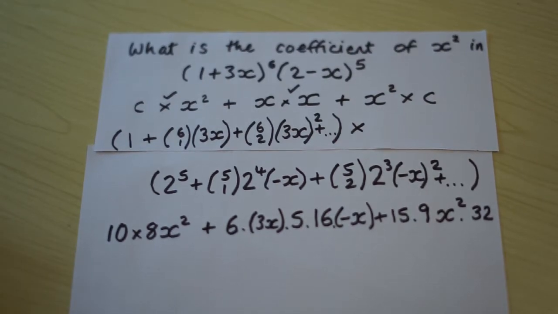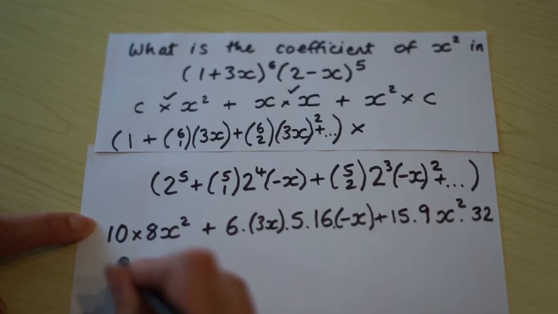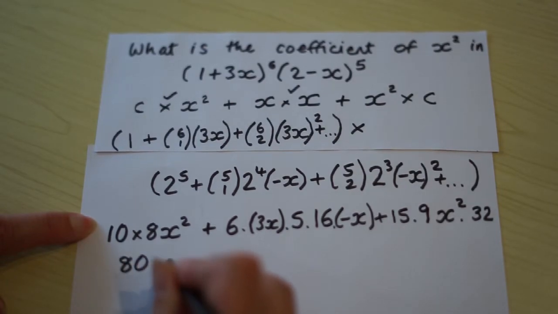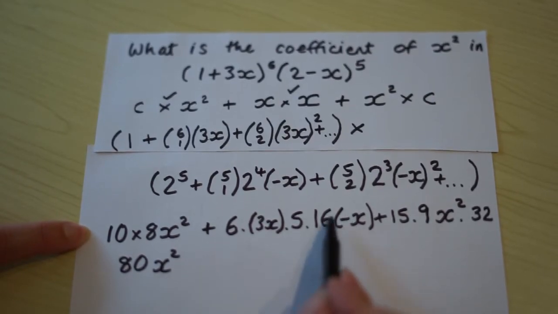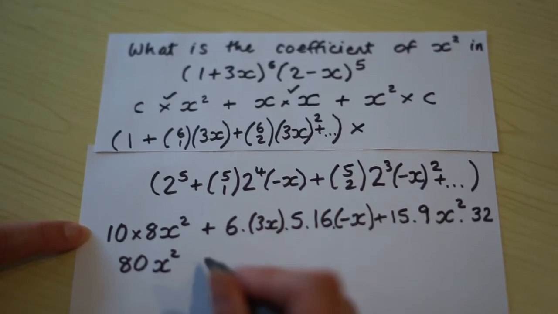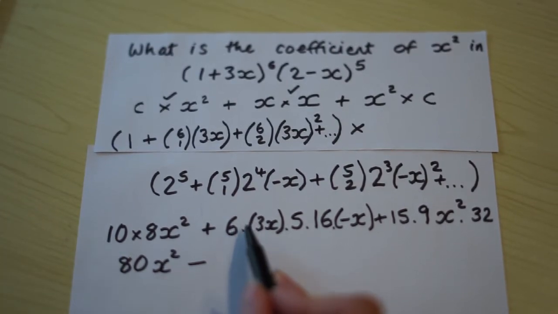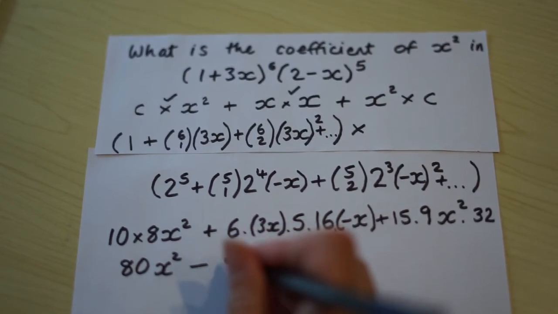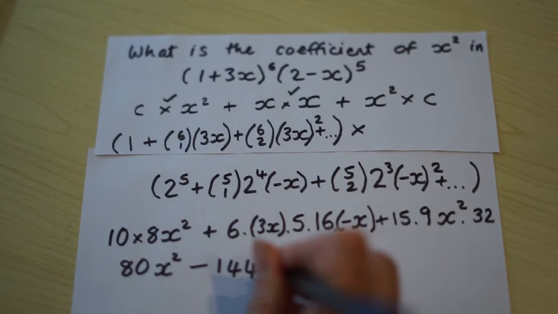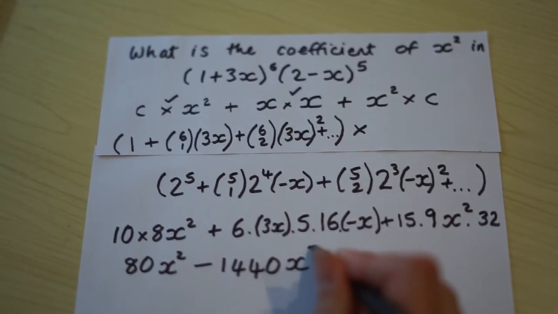So let's simplify these and get down to what the overall coefficient is. So 10 times 8 is obviously 80. 80x squared, that's the first term. Right, so I'm anticipating there's going to be a negative on this one. Okay, so here we have 6 times 3 times 5 times 16, and that is that, multiplied by x squared.